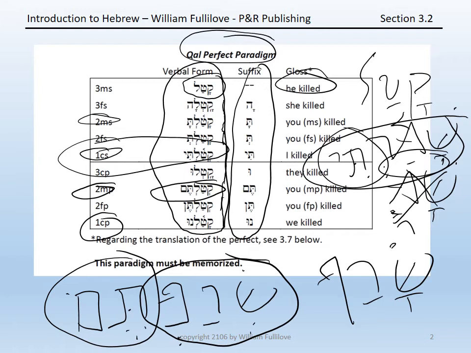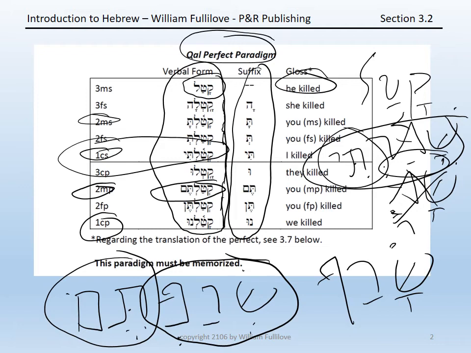For that reason, you want to memorize this paradigm. Most students find that the most effective way to memorize the paradigm is to get a small handheld whiteboard and dry erase marker, and to both speak out loud and write the paradigm again and again. Qatal, qatala, qatalta, qatalt, qatalti, qatalu, qutaltem, qutalten, qatalnu.